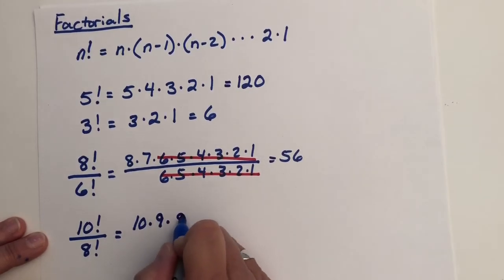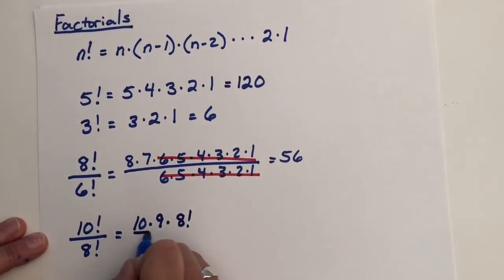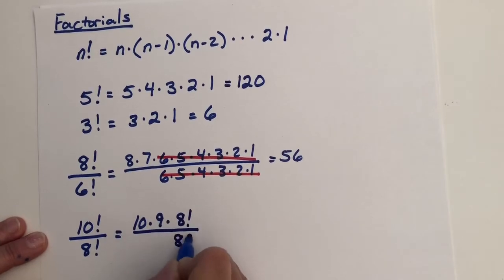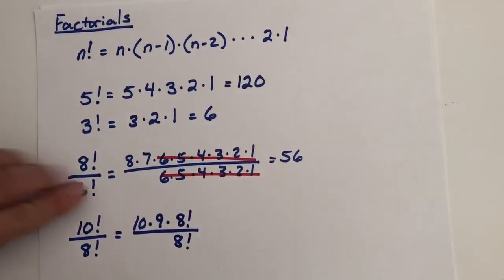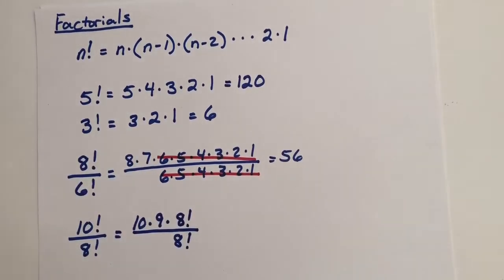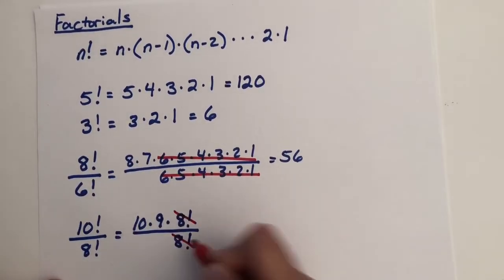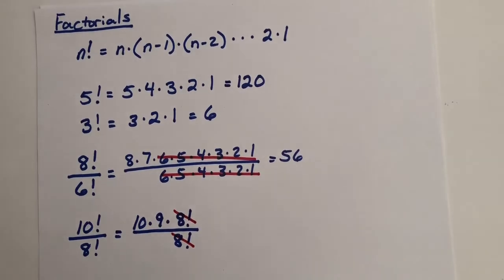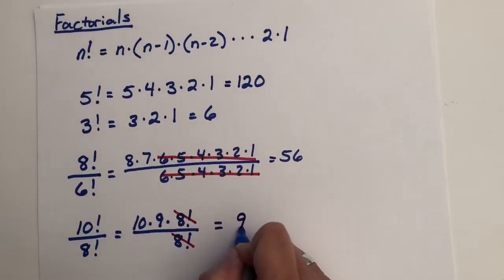That's just 8 factorial, divided by 8 factorial in much the same way that this was 6 factorial over 6 factorial. And then we could do the canceling this way, and we would get 90.